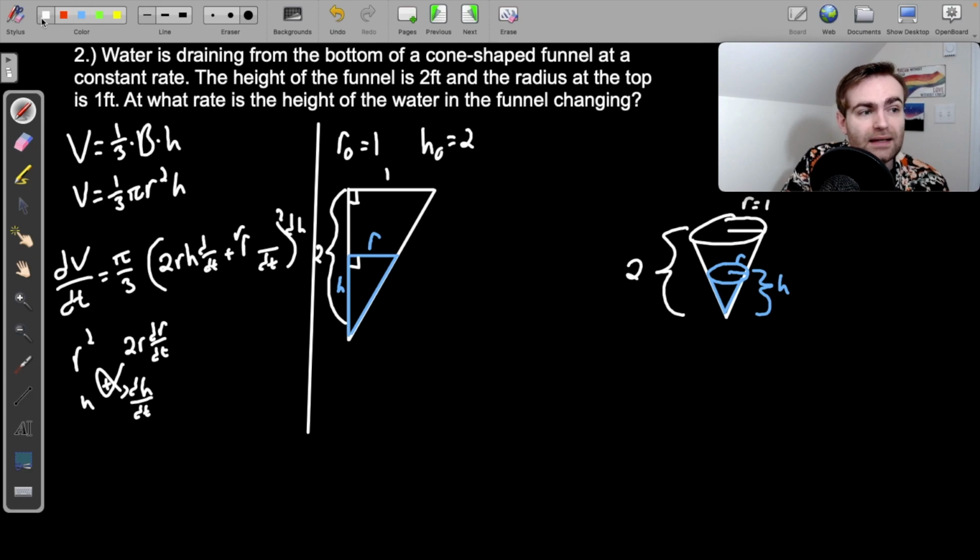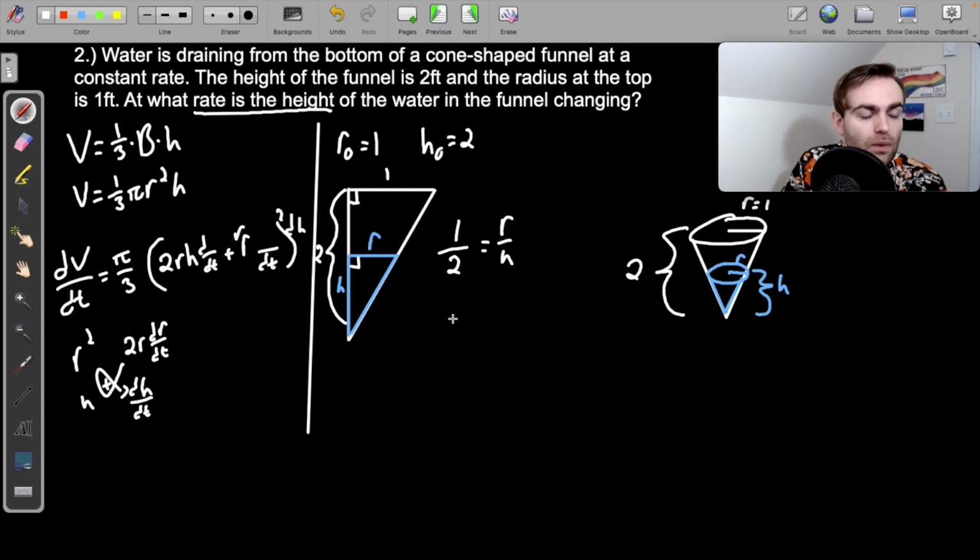We can say that 1 over 2 is equal to r over h. And that can actually help us out. We can now write r's in terms of h's or h's in terms of r's. And since it's wanting the rate at which the height of the water is changing, we should probably write r's in terms of h's.